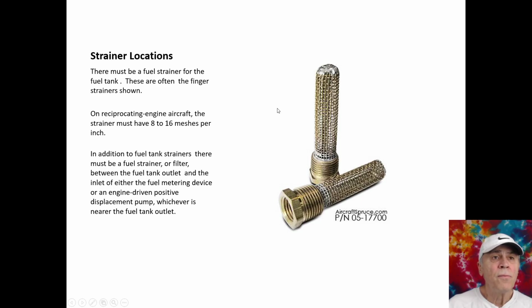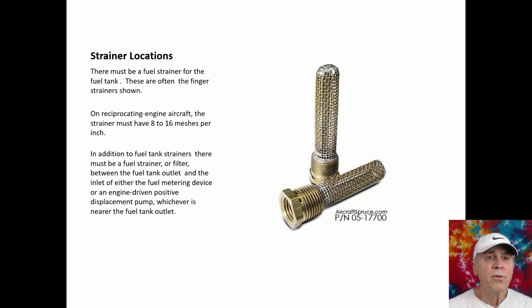There must be a fuel strainer for the fuel tank. These are often the finger strainers that are shown. On reciprocating engine aircraft, the strainer must have 8 to 16 meshes per inch.